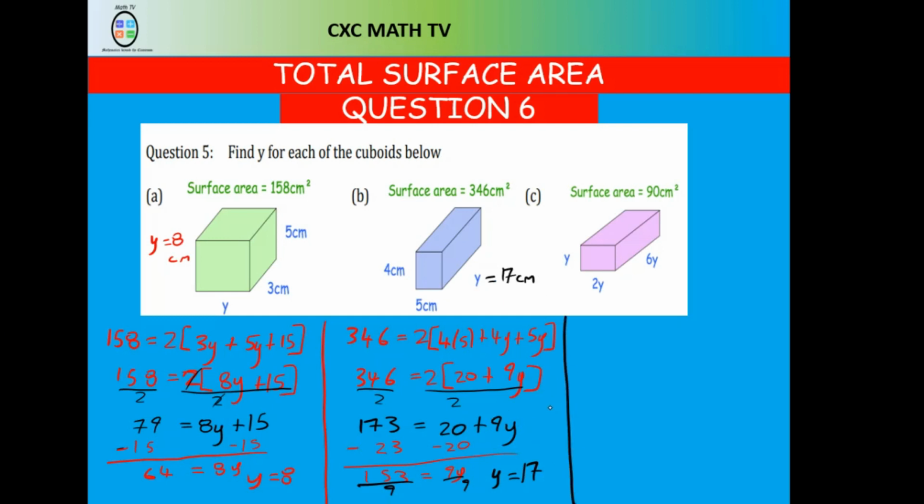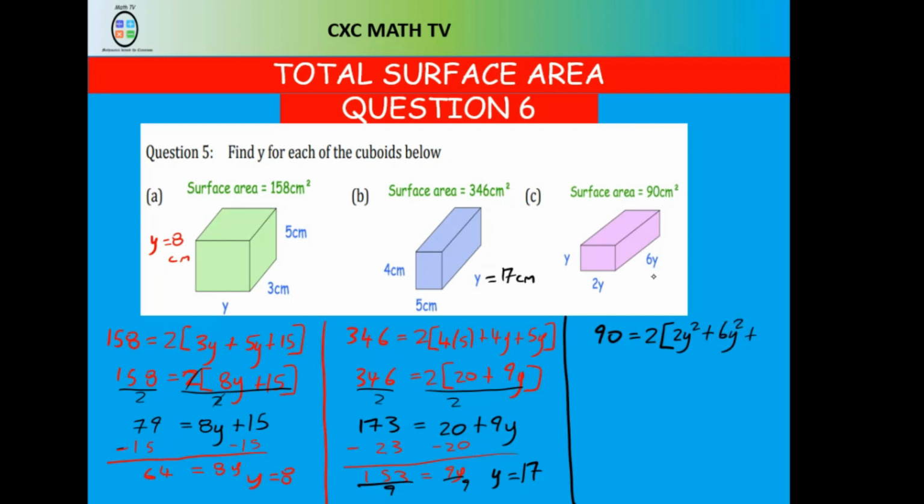Now, the third one should be a little bit of a challenge. Find the value of y in this case. Pause the video and attempt again. In doing the third one, the total surface area 90 is equal to 2 in bracket. We multiply y times 2y, that is 2y squared. Next y times 6y, that's 6y squared.